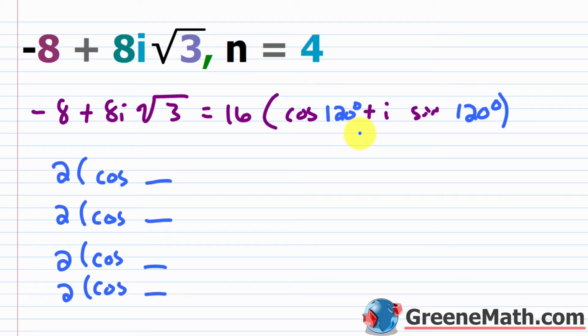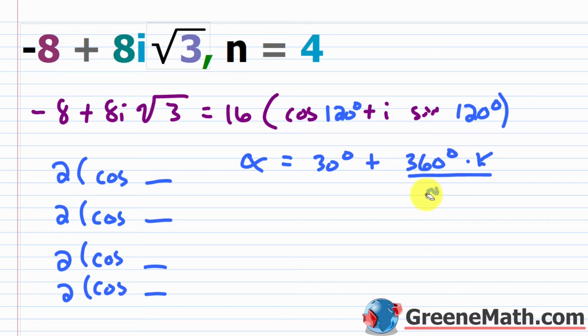Remember, when you think about the formula, if you call this alpha, it's equal to, again, you take theta, which in this case is 120 degrees, and you divide it by n. So you divide it by 4. So in this case, that would be 30 degrees. Then plus you have your 360 degrees times your integer k divided by your n. So 360 degrees divided by 4 would be 90 degrees.